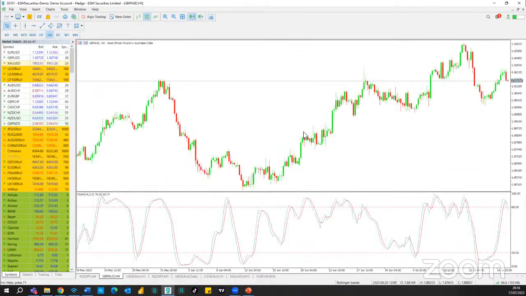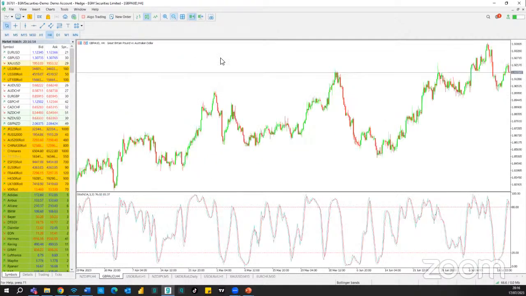So here we are on a pound Australian dollar. Let's identify the ranges on 4 hours. And this is really clear. We have the peaks here showing a strong uptrend.